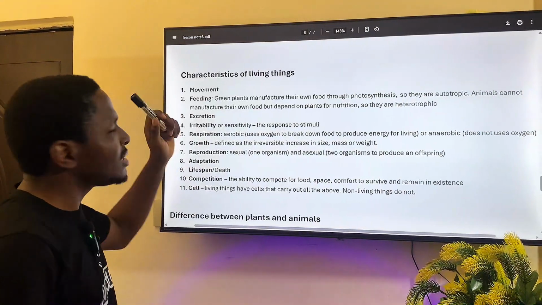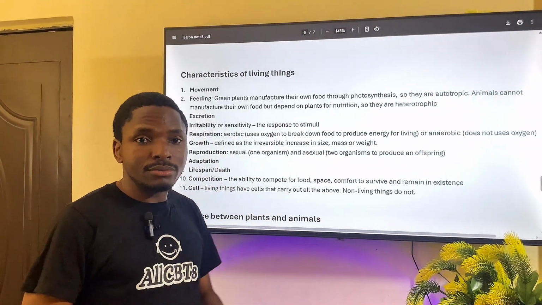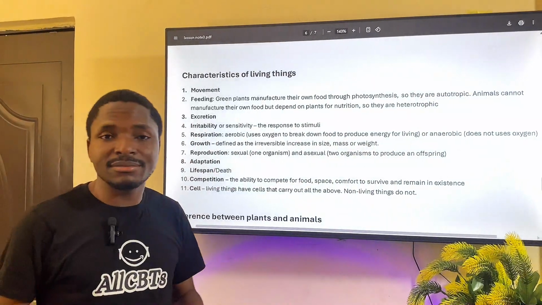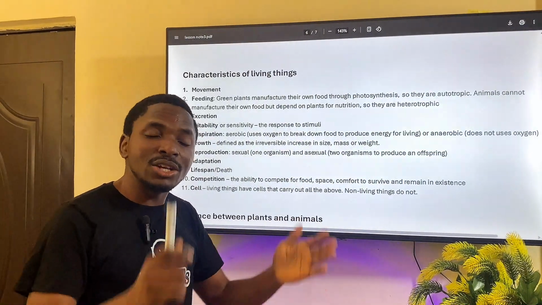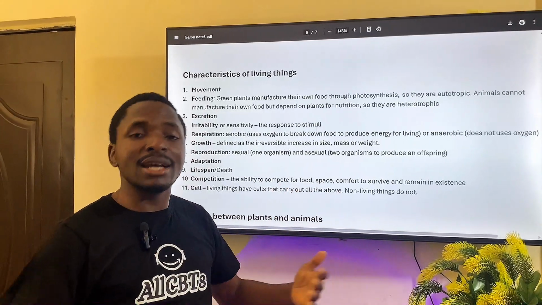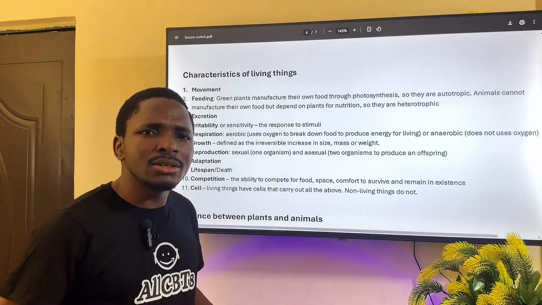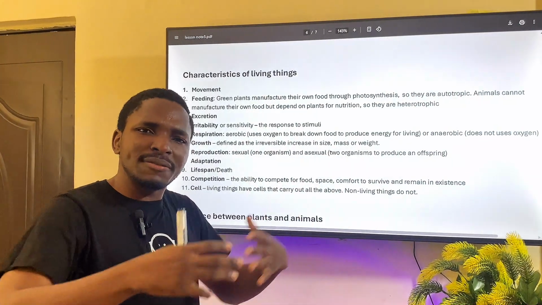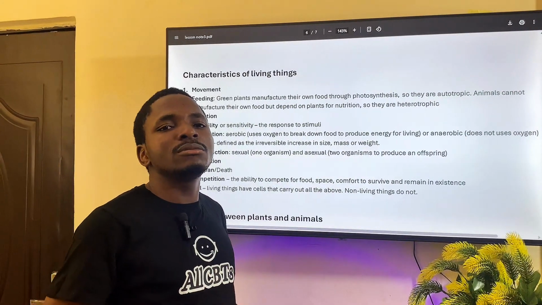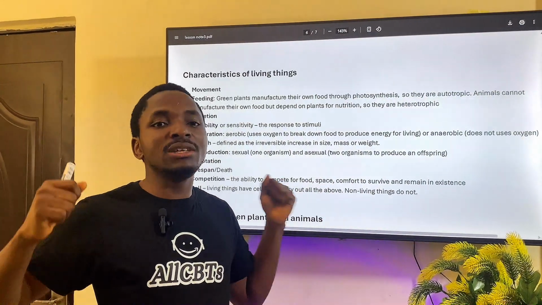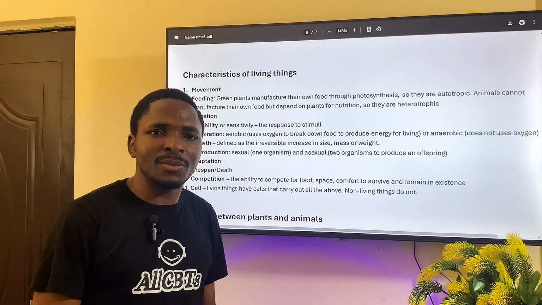Then, another characteristic or feature of living things. Living things feed. If you are not feeding and you are not drinking, you die as a living thing. Okay, so all living things must feed to retain life. They must feed to break down what they have eaten into simple sugar, into glucose to give energy.